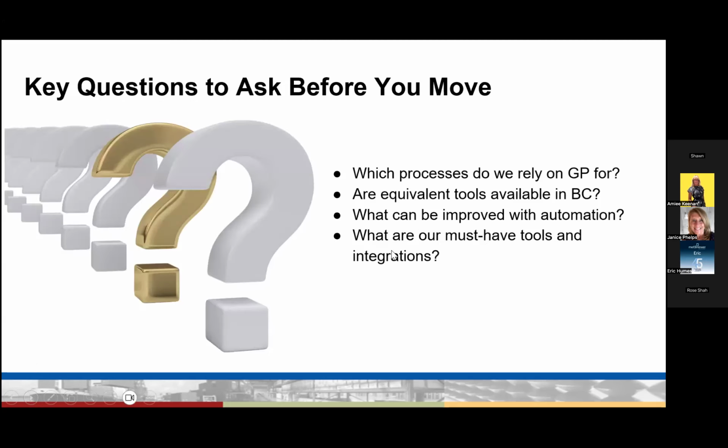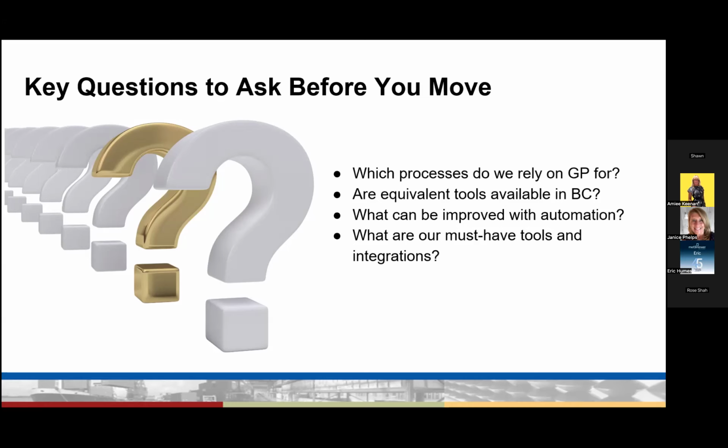But what's really important for this session is what kind of questions you should be asking, as a customer or as a partner. What are we asking our customers? How are we starting the conversations here? That's what we look at: what processes in your current system, like in Dynamics GP, are really critical for us, and how are they managed now on the Business Central side?